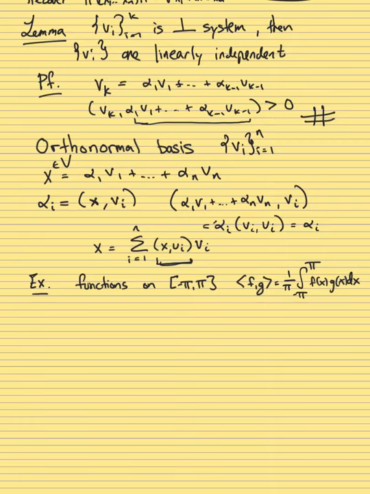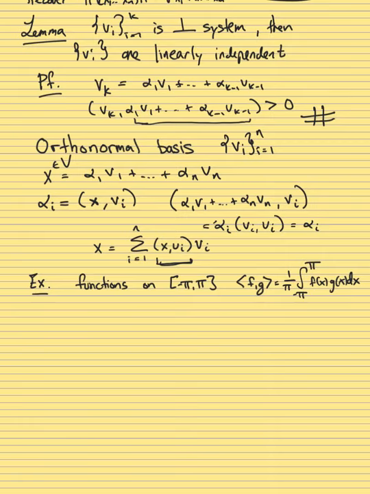Now it turns out, if I put in my numbers correctly, that cosine of nx for n in N, and sine of mx for m in N are an orthogonal basis. Okay, I'll just say an orthogonal system.